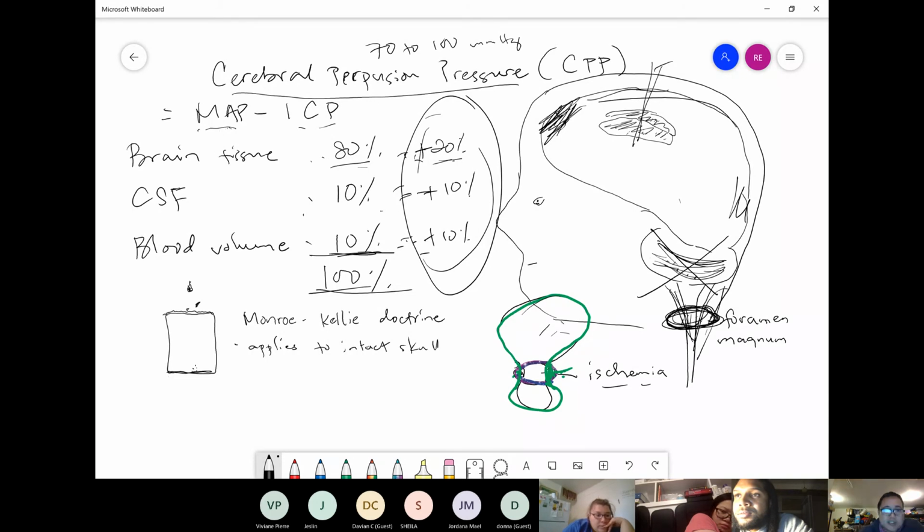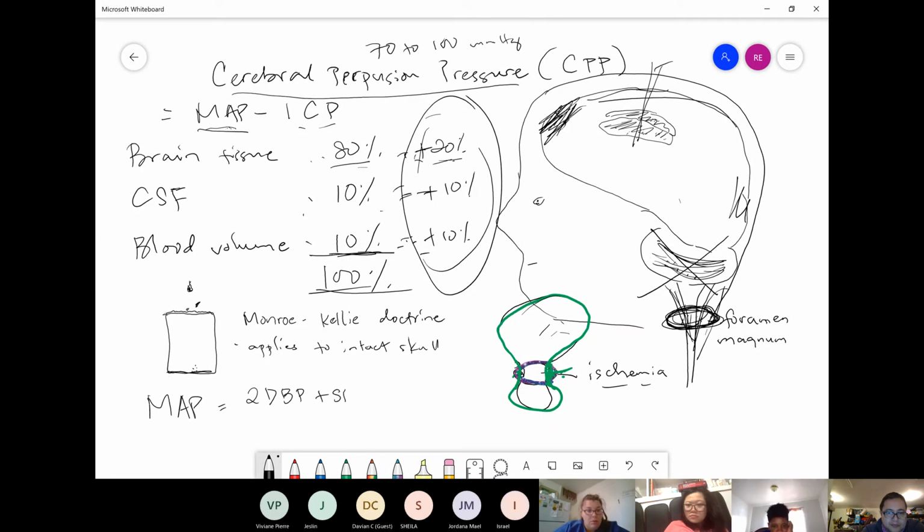Mean arterial pressure, what is the formula for MAP? What's the formula? So that is the formula for your mean arterial pressure: 2 times your diastolic blood pressure plus your systolic pressure, divided by 3.